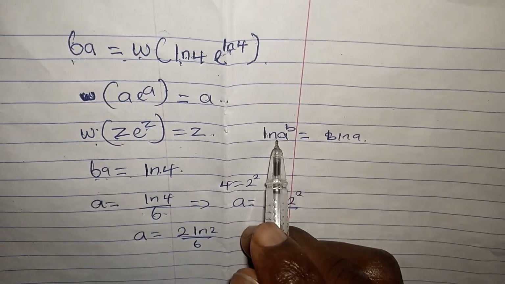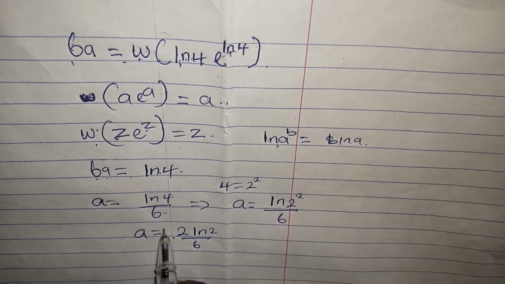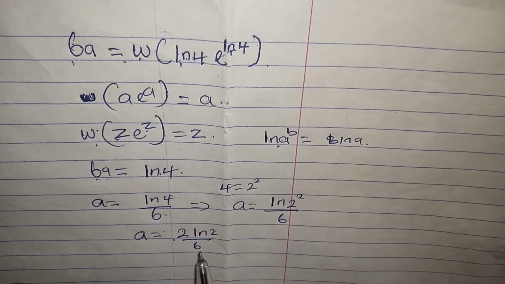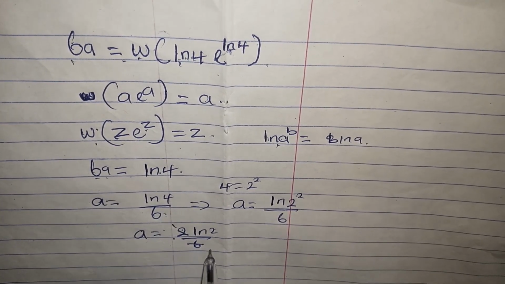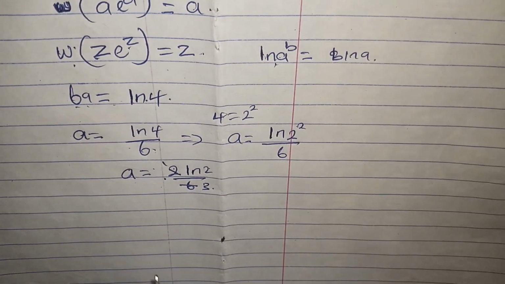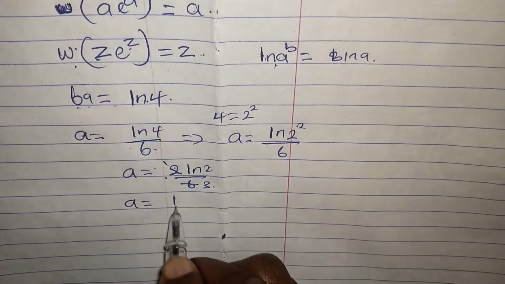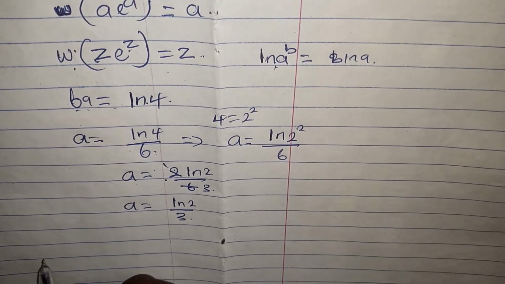So this principle is what we applied here. So a equals 2 ln of 2 divided by 6. So 2 here is 1, 2 here we have 3. So our a equals ln of 2 over 3.